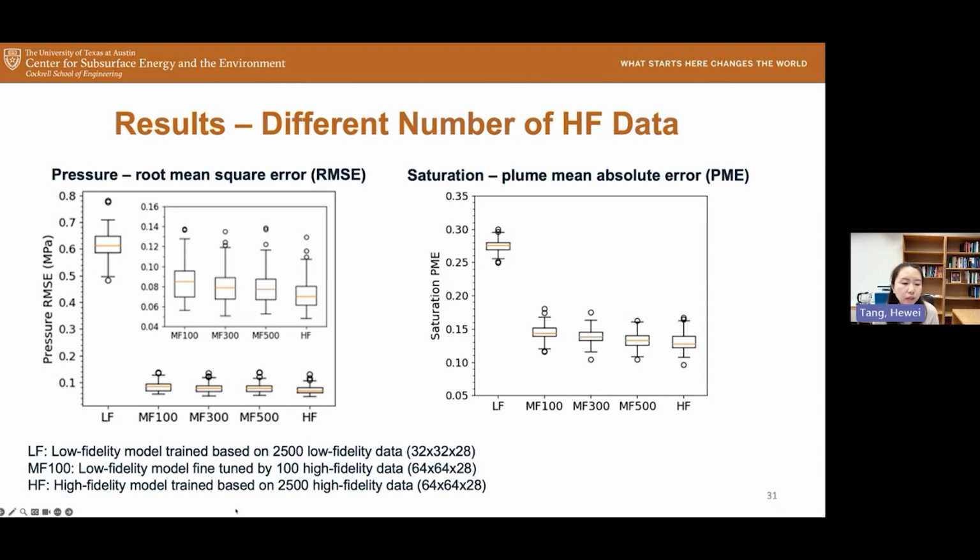Well, here with the neural operator model structure, we can reduce the data cost to 2,500 high-fidelity data to get reasonably good predictions. However, we can further reduce this data cost by using low fidelity data combined with a small amount of high fidelity data. And this is the major takeaway.